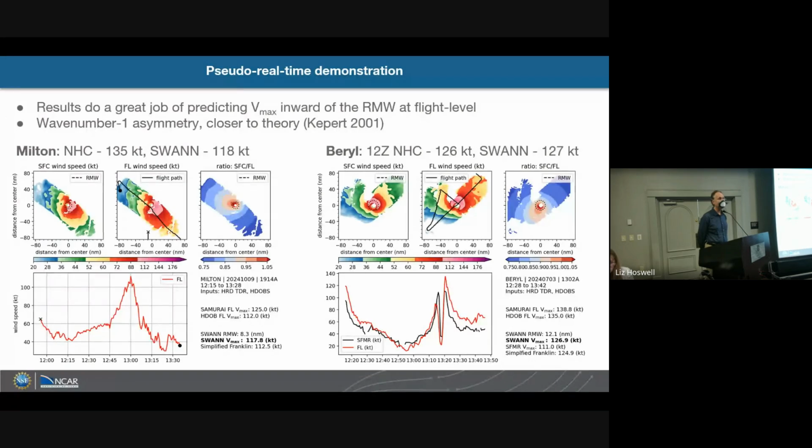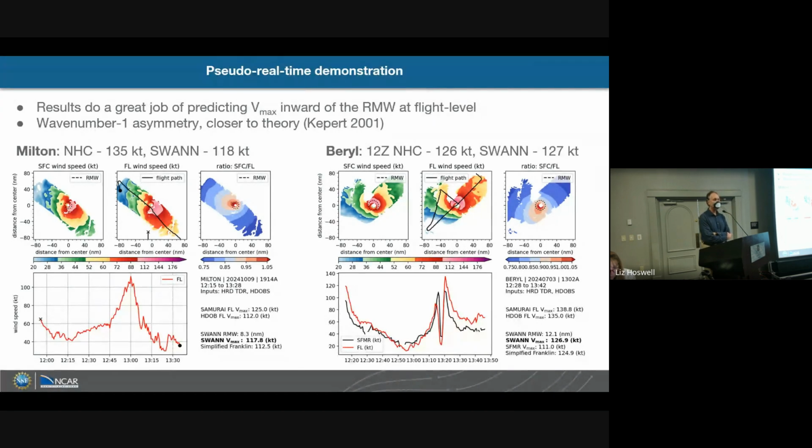Moving over to the right side of that figure, this was a case where NHC and SWAN agreed very closely, and you can just see the richness and the quality of these wind fields. It really looks like a nice picture, like you could imagine the wind field actually looking. And you can also see the warts of SFMR on full display. In this case, that's the black line.